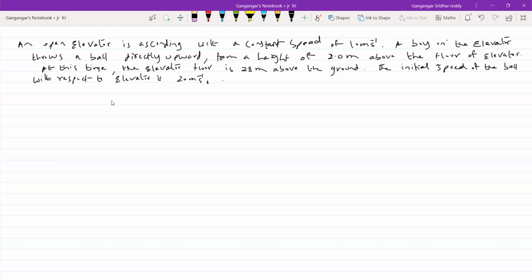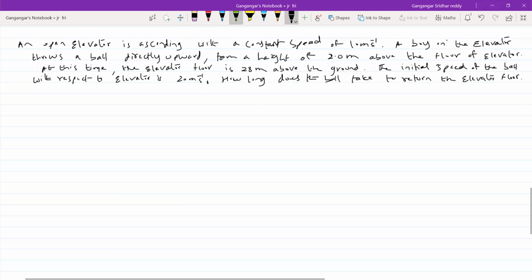So you have to find how long does the ball take to return to the elevator floor? Okay, read the question.